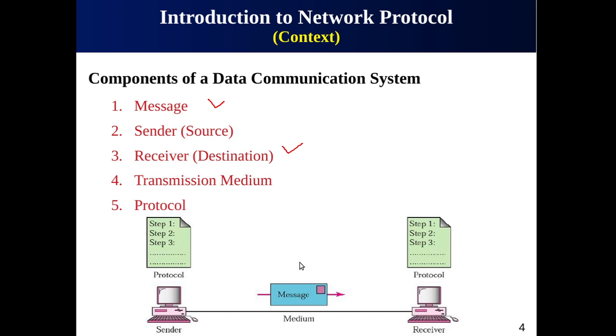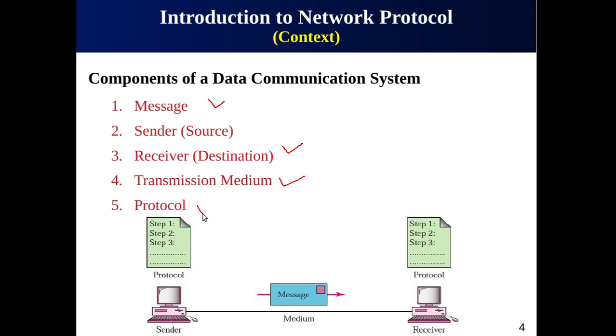However, for sending this message, we need a medium, a transmission medium. The transmission medium is a physical path by which a message travels from the sender towards the receiver. Some examples include twisted pair cable, coaxial cable, fiber optics, or if we are talking about wireless communication, then radio waves could take the form of a medium.